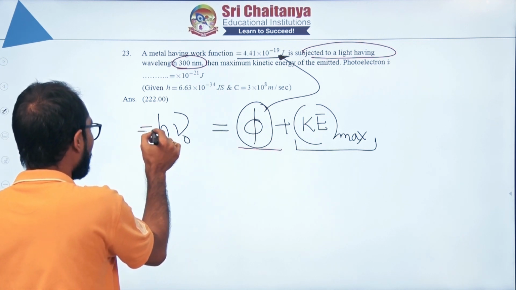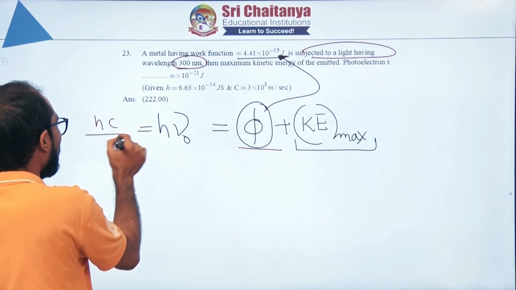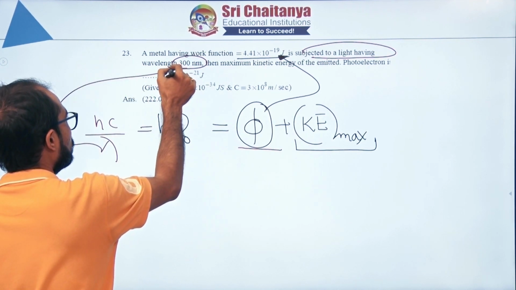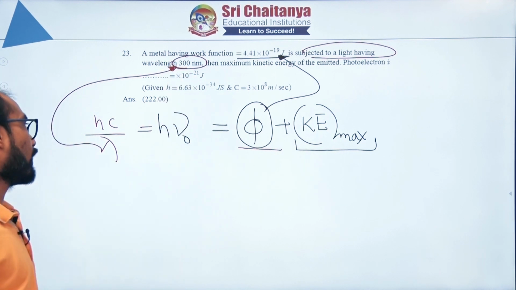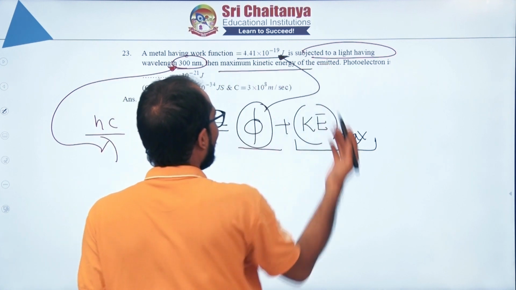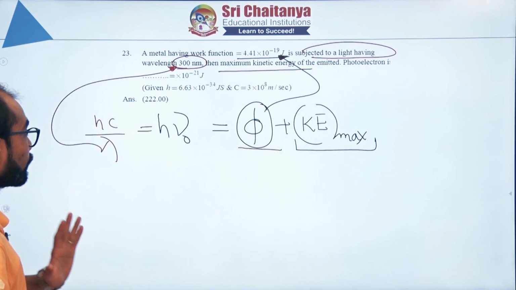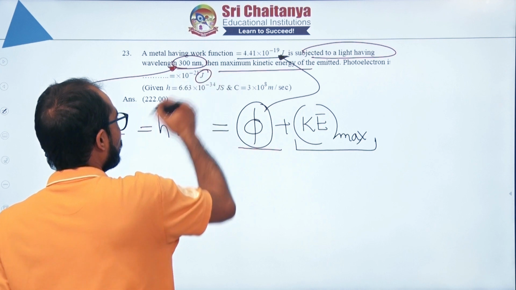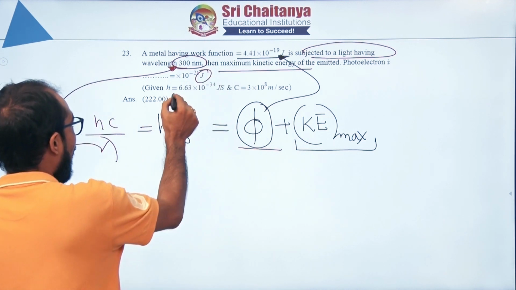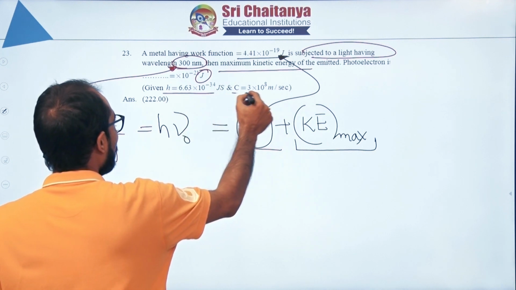Now, you have to convert this into hc by lambda. This lambda is given as 300 nanometer. They are asking the maximum kinetic energy, but you have to take care, the unit here is joule. So, you have to use all the SI units, right? H value is given here, c value is also given.